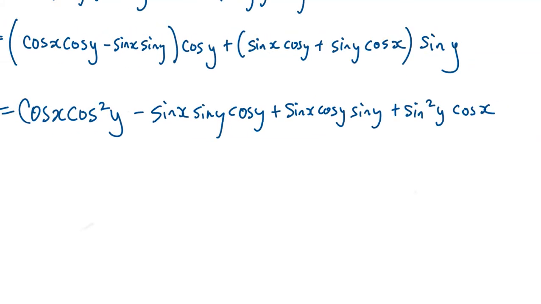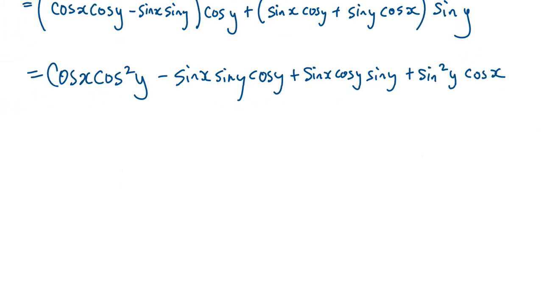And now we've got to sit back and make some observations again and see what's going on here. Well, those middle two terms cancel each other. They're slightly different order, but they've got the same three parts, both of them, right? One's positive, one's negative, so they add to 0.